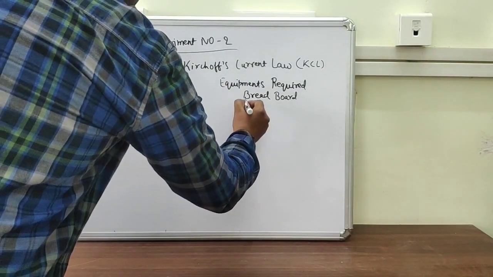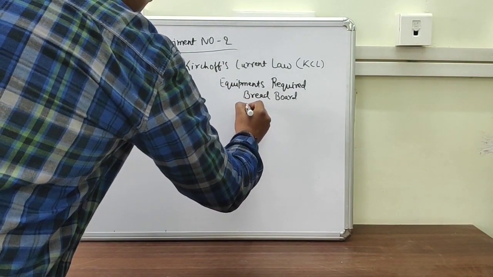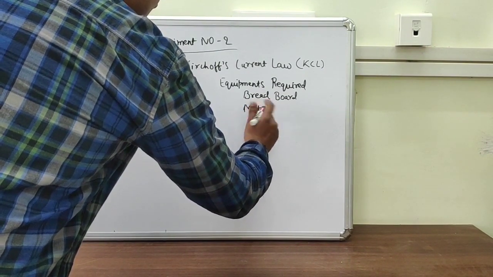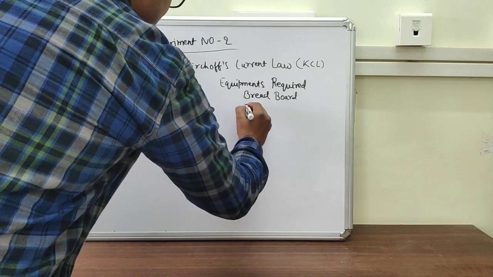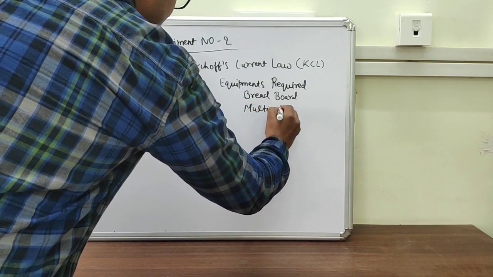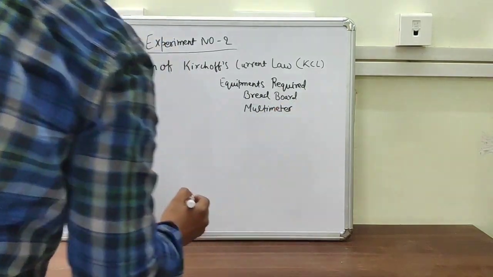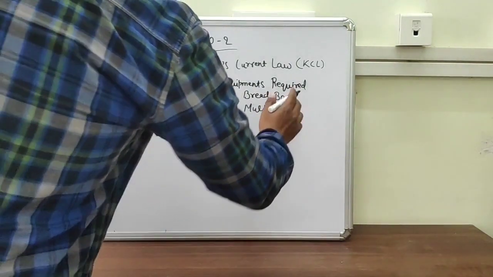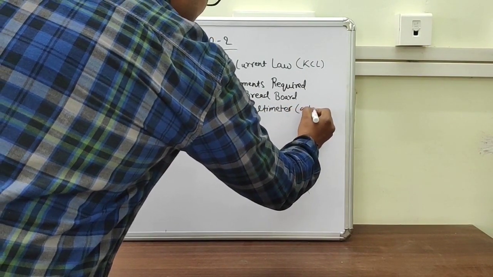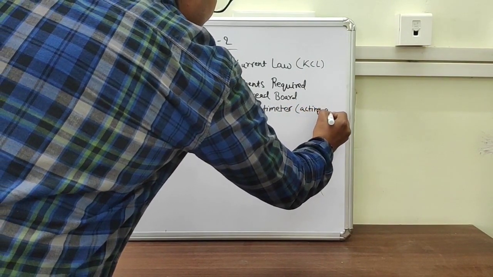The second one is our multimeter, the multimeter which is acting as an ammeter.